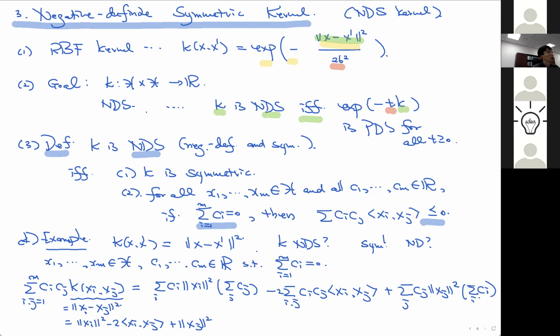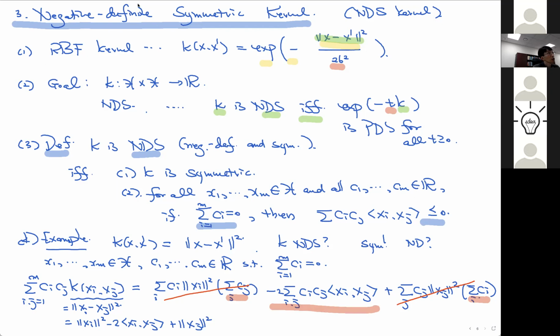At this point, because these sums are equal to 0, these terms disappear. So only the minus 2 term survives.